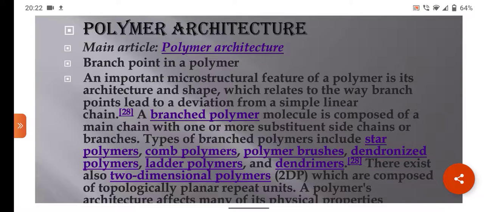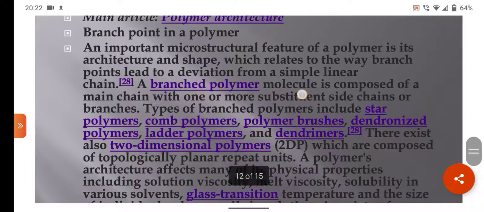Types of branched polymers include star polymers, comb polymers, polymer brushes, dendronized polymers, ladder polymers, and dendrimers. There also exist two-dimensional polymers, which are composed of topologically planar repeat units.